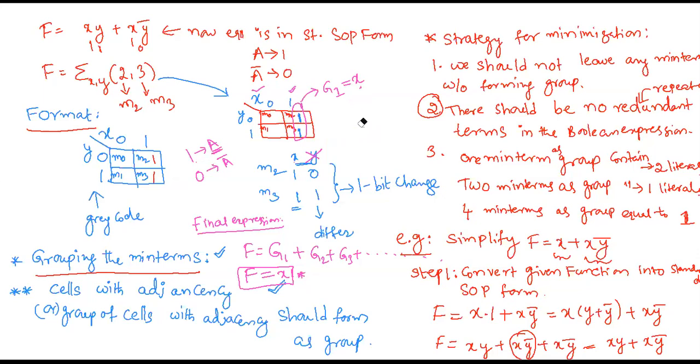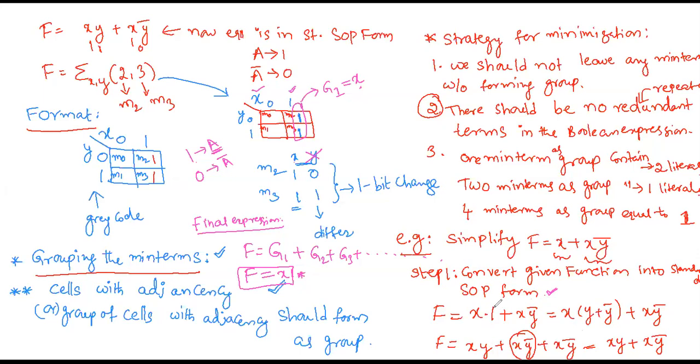So this is solving a given expression using K-map. Step 1 is first to convert the given expression into standard SOP. You already know how to convert into standard SOP from unit 2.